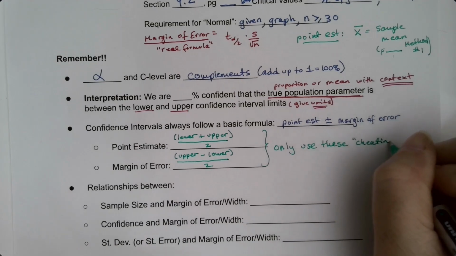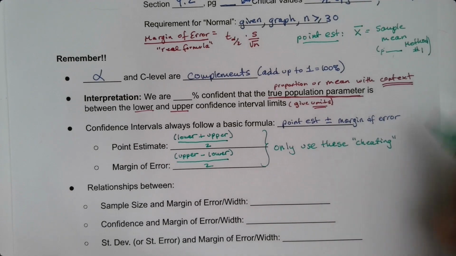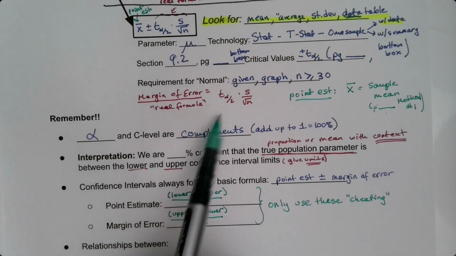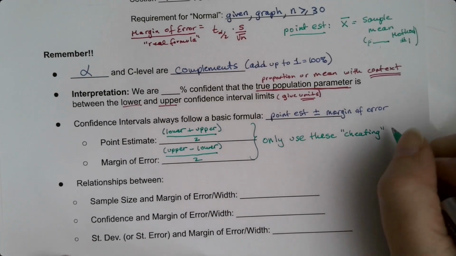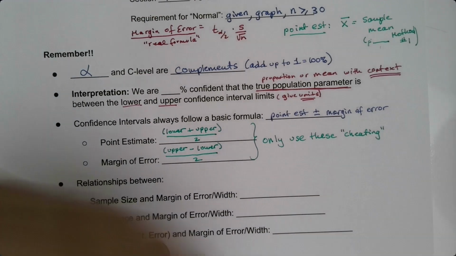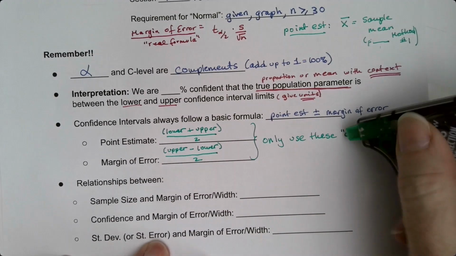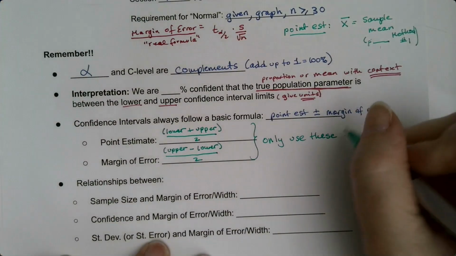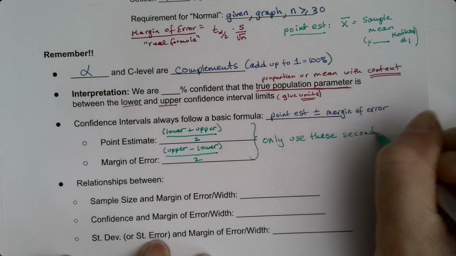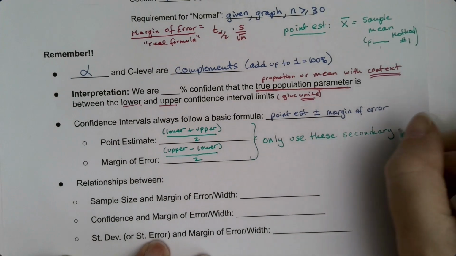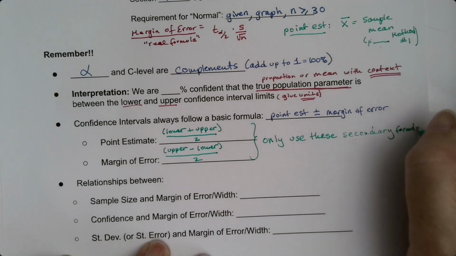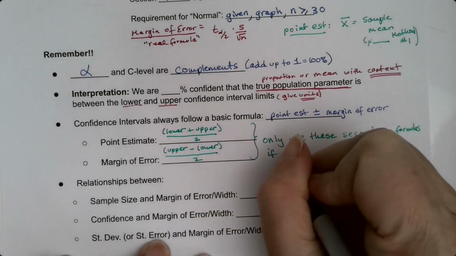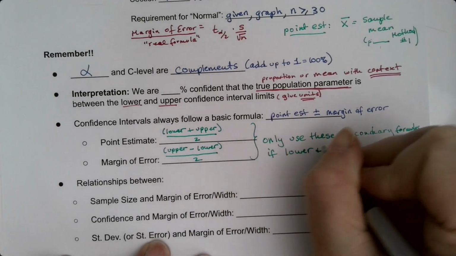I'm going to call them the cheating formulas because they're not the real ones. The real ones are up above. Like that's the real formula for margin of error. But you can only use these secondary formulas. So these are not the primary. They're not the real ones. They're the secondary ones. There, that's a little better. So we can only use these secondary formulas if the lower and upper are known.